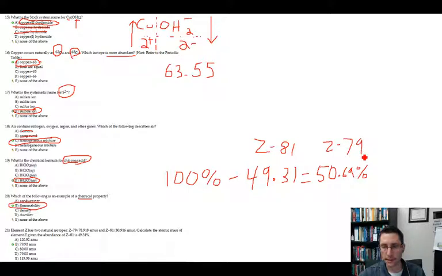is 50.69%. Calculating these isotopes, we did ones like this in class as well. We multiply these isotopes' atomic masses by their percentages divided by 100. That's the route. So we take 78.918, multiply it by the corresponding percentage, for 79 it was 50.69, divided by 100.